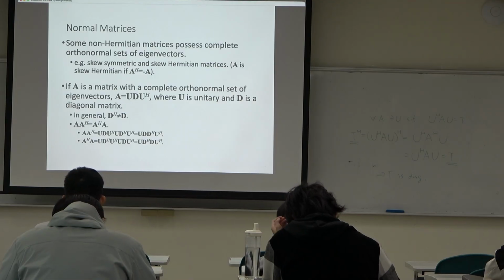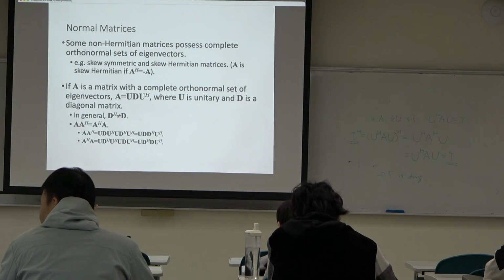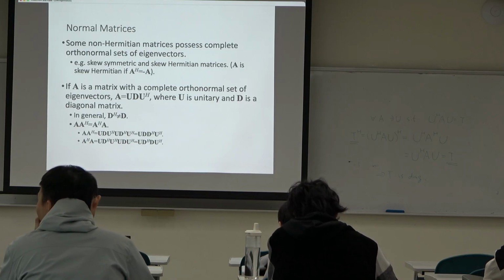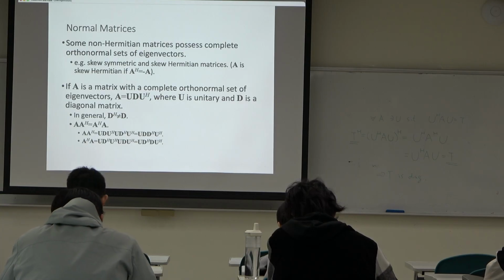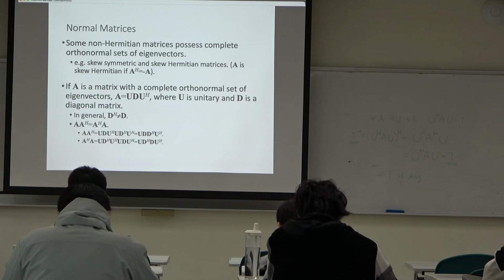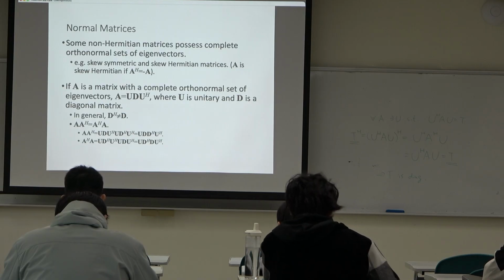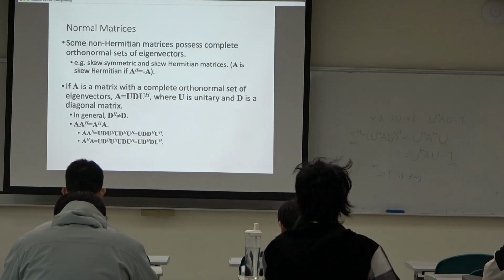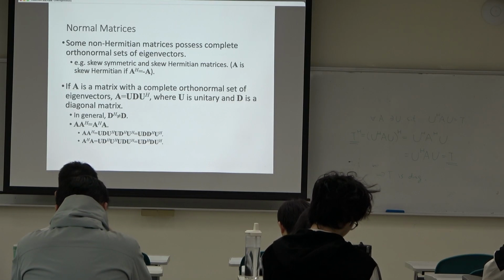For this type of matrices, the eigenvalues could be imaginary. So far, the eigenvalues in the examples we have seen are real, but they could be imaginary, especially in the case of skew Hermitian.